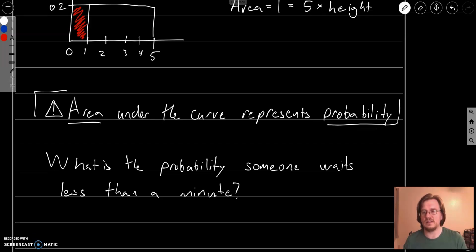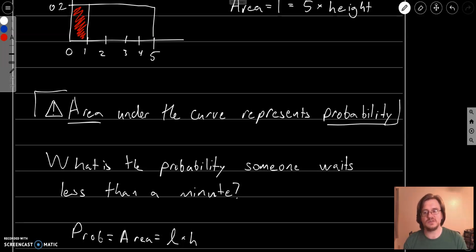The area of a rectangle is just the length times the height. So the probability, which is equal to the area, is just going to be the length times the height. What's the length of this?